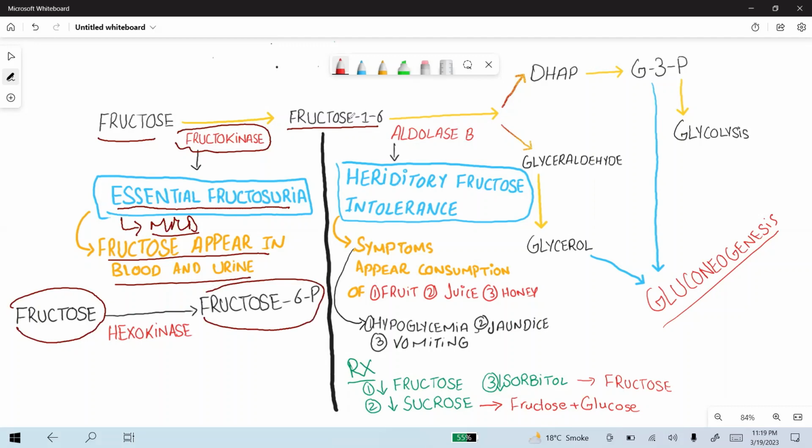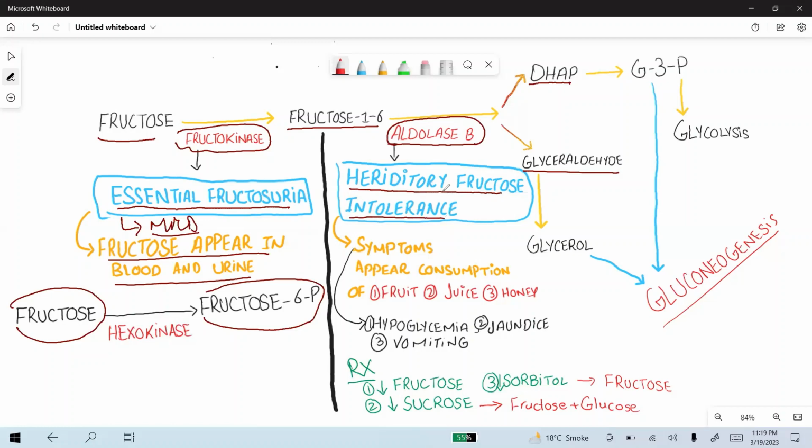Next, fructose 1-phosphate is split into dihydroxyacetone phosphate and glyceraldehyde by the enzyme fructose 1-phosphate aldolase B. If this enzyme is deficient, it leads to hereditary fructose intolerance.